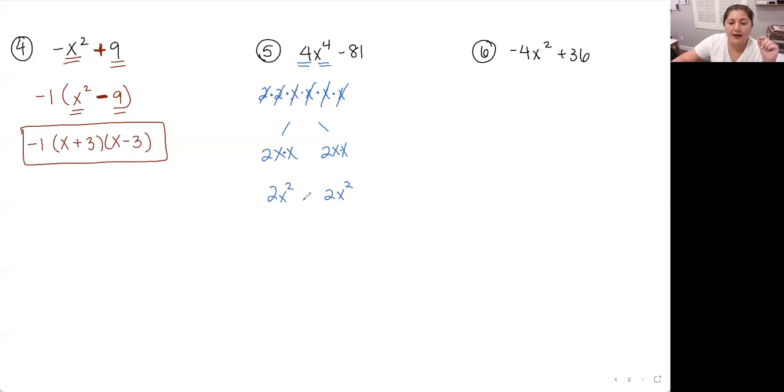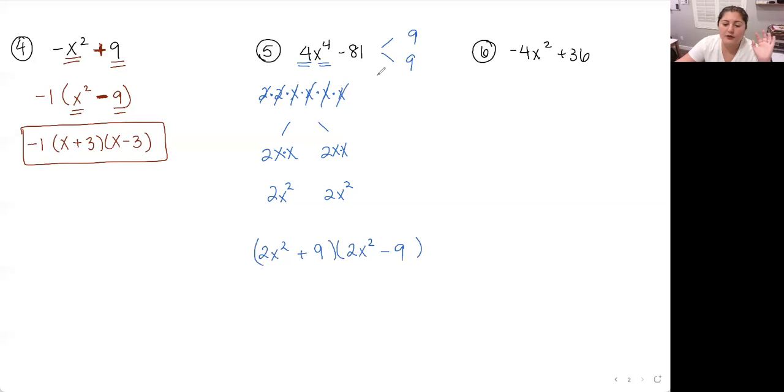Okay. So now I know that 4x to the 4th is 2x squared and 2x squared. And then I know that 81 is going to be 9 times 9. So then I've got here 2x squared in one parenthesis and 2x squared in another parenthesis. And then I've got a positive 9 and a negative 9.